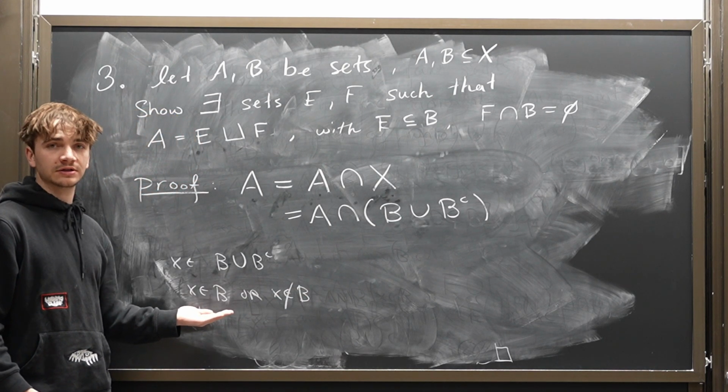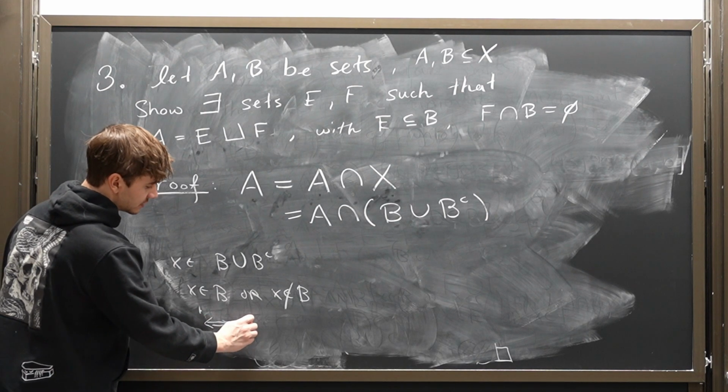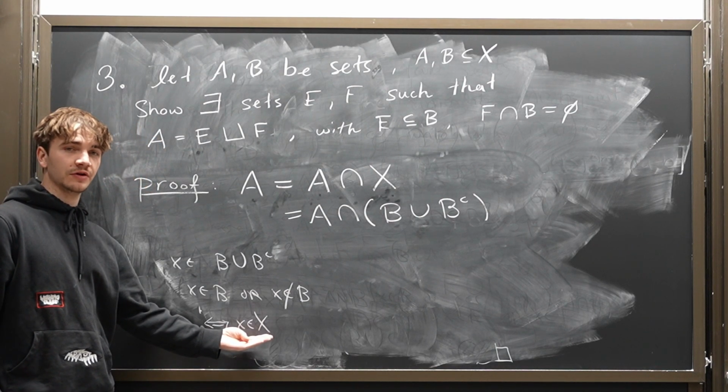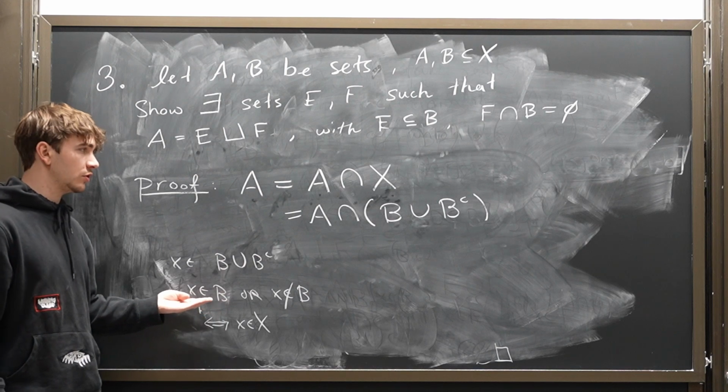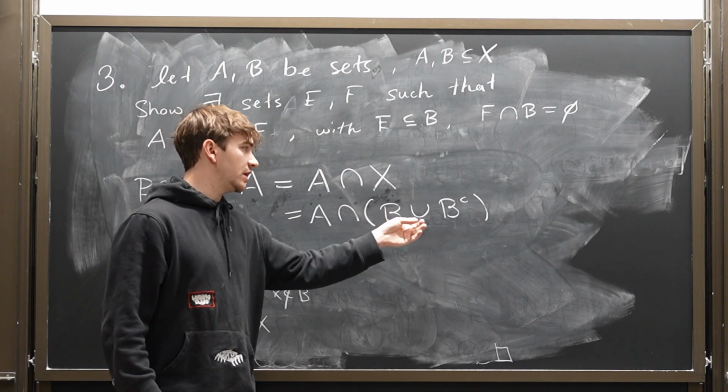It's true for all X in our underlying space X. X can be any element of our space, and this statement will always hold. Therefore, I can rewrite the whole space as this union of B and B complement.